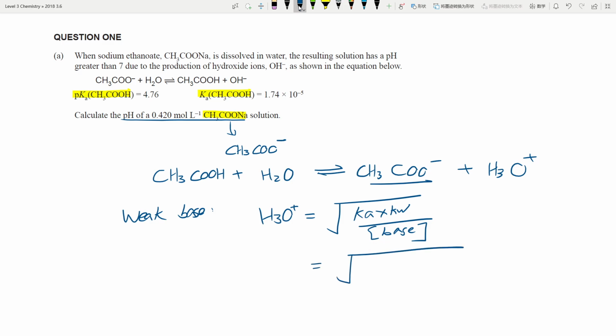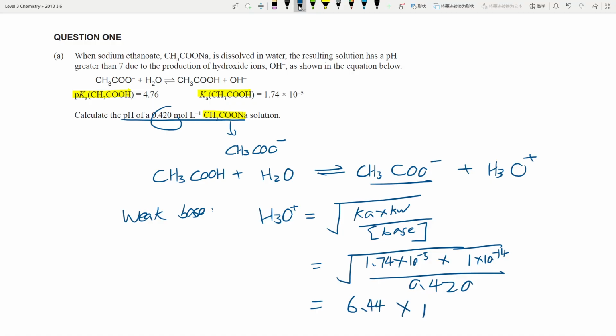Ka is 1.74 times 10 to the power negative 5, times 1 times 10 to the power negative 14, divided by the concentration of base, which is right here, 0.420. If you crunch these numbers in your calculator, you should get 6.44 times 10 to the power negative 10. Don't think you're done here, because you calculated the concentration of H3O plus.